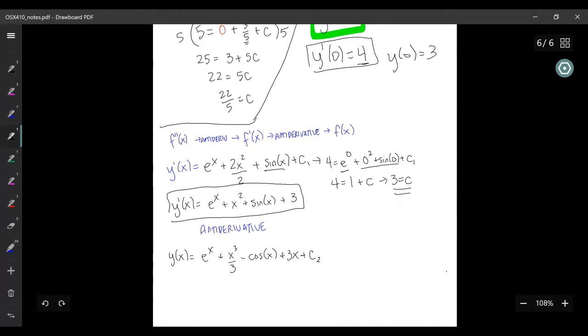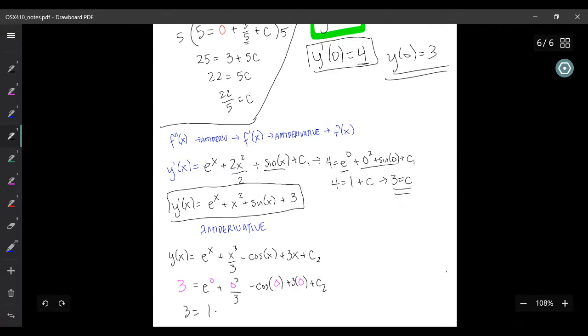Okay, so now we're going to plug in the other condition. So 0 equals e to the 0, plus 0 cubed over 3, minus cosine of 0, plus 3 times 0, plus C2.